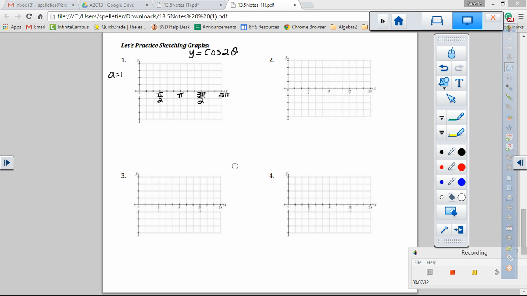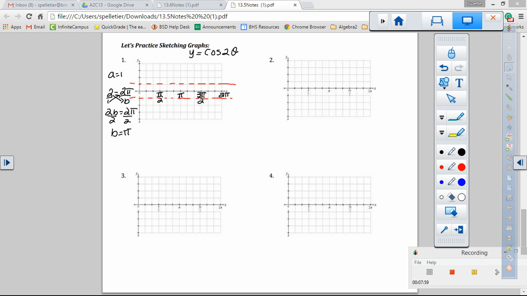I'm going to go up 1 and over 1. I'm going to go up 1 and down 1. Okay? And then I'm going to figure out what the period is, so I know where to begin and end. So 2 equals 2 pi over b, cross multiply. So 2b equals 2 pi, we just did this one, divide by 2, b is pi.